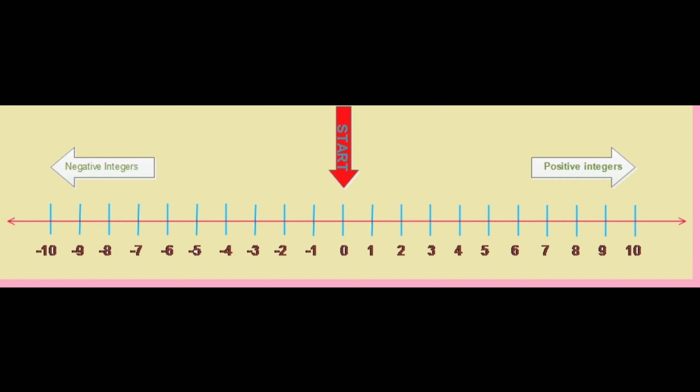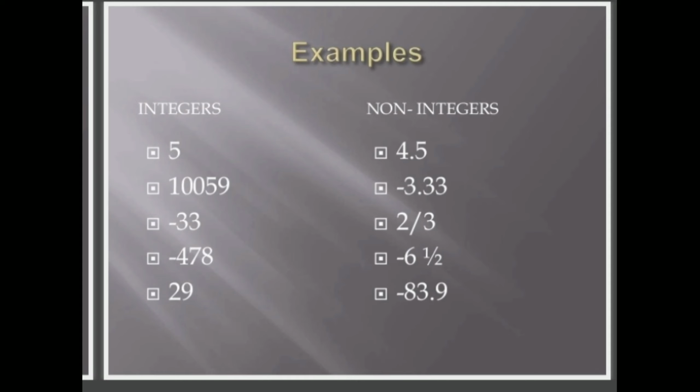See here some examples. What are integers? What are non-integers? Integers 5 and 10059. See -33, -478, 29. These are integers. What are non-integers? Decimal. In first slide only what I said here, decimals are not allowed in integers.